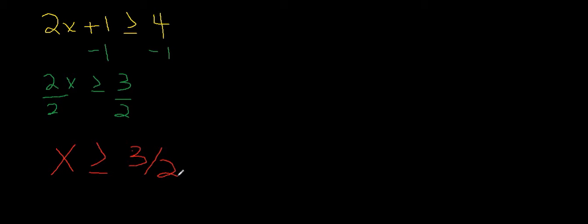So if we were to plot this on a little line plot, we have, this is x, alright? So here is our 3/2. So that tells us that x is going to be greater than or equal to.